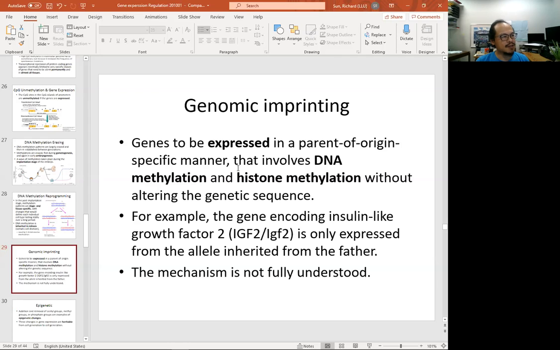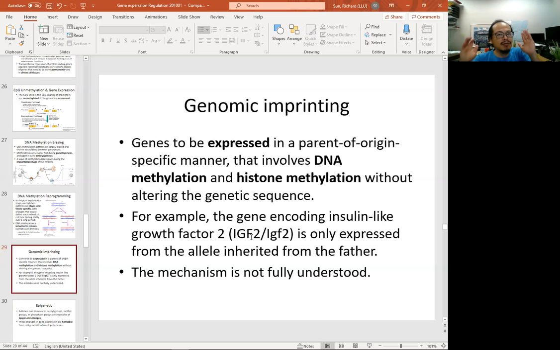This involves DNA methylation and histone methylation. For example, a well-known parent-dependent gene is the one encoding insulin-like growth factor 2, IGF-2. This is a very common hormone that causes body growth.